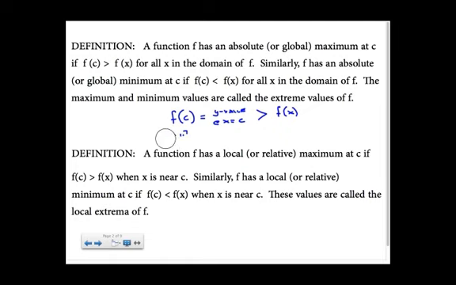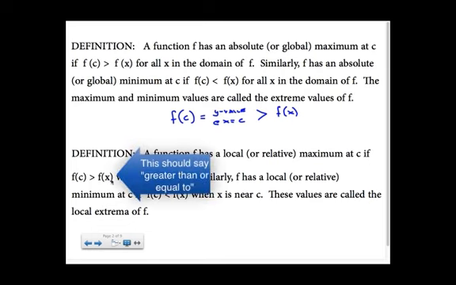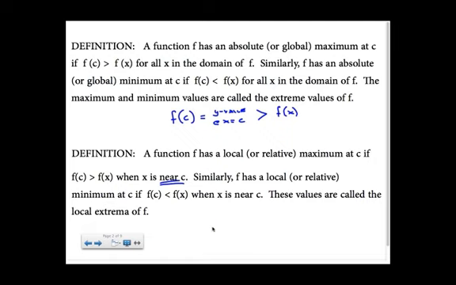Now, this is a similar definition for something else, so the wording is going to be almost identical in most places. It says a function f has a local or relative maximum if f of c is bigger than f of x. Same thing: this is the y value at c, and it's bigger than all other y values when x is near c. Now, that word near is kind of interesting.